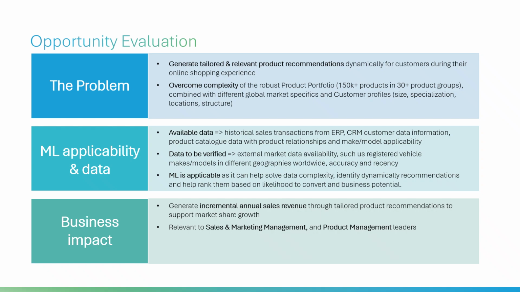First of all, dealing with a robust product portfolio, which consists of more than 150,000 different products. This is combined with different global market specifics, the structure and size of those markets, but also with different customer profiles in terms of size, structure, specialization, etc.